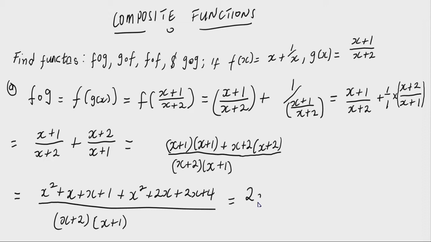You get 2x squared, all positive. Then we have the x's: 2x here, 4x over here, and 2x over here, in addition, to make 8x, and 4 plus 1 here is 5.